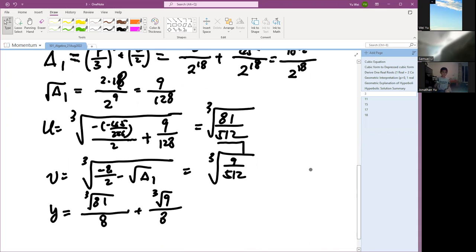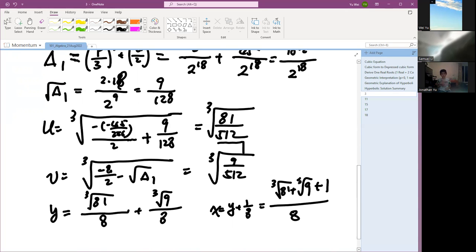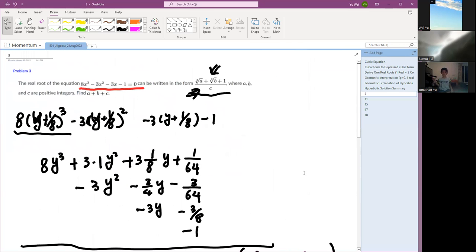Remember, what is the relationship between X and Y? X equals Y plus 1/8. Is this the format that the question asks you? Yeah. Okay, you not only know this, you know what?